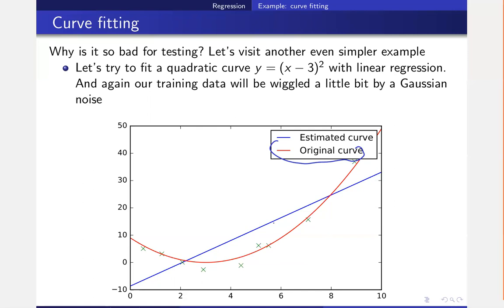So you see some of them are higher or lower than the original curve. Now I try to fit this data. If I use a linear model, I will have a line like this blue line, but apparently it's quite far from the original curve.